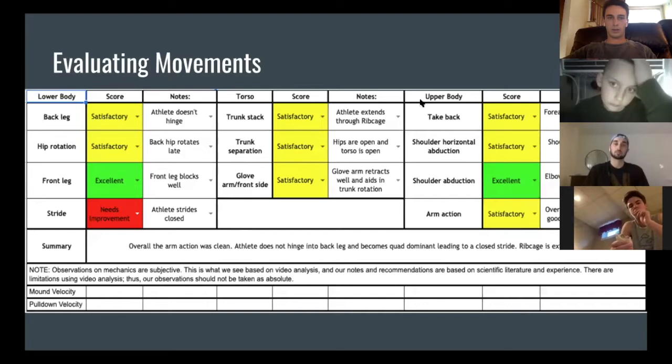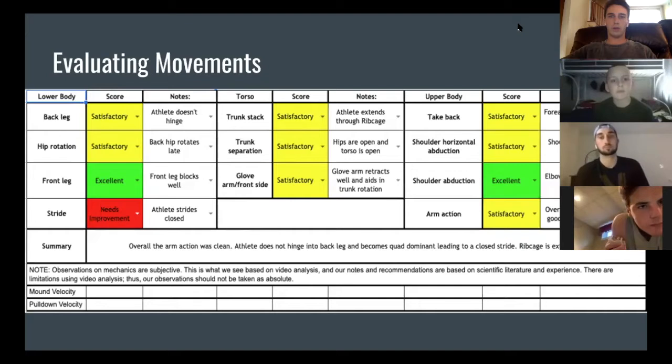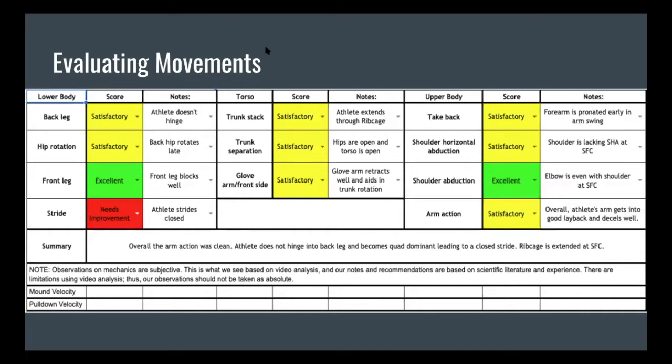Now, quickly, this is some of the stuff that Matt and I have been working on to categorize what we look for in the delivery. We broke it up into lower body, torso, and then upper body. For the lower body, we want to see what the back leg does, how the hips rotate, what the front leg does, and what your stride looks like.